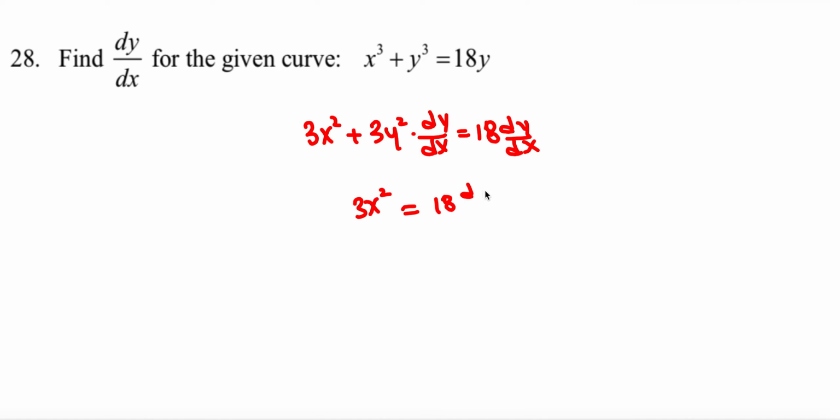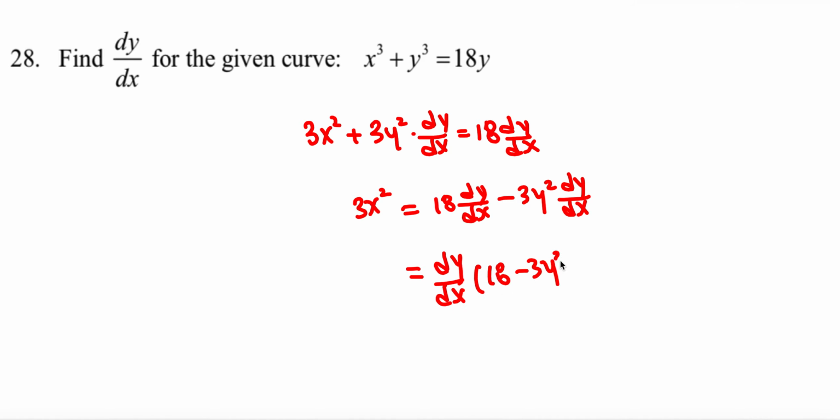18 dy over dx minus 3y squared dy over dx. So when you factor out dy over dx, we get 18 minus 3y squared.